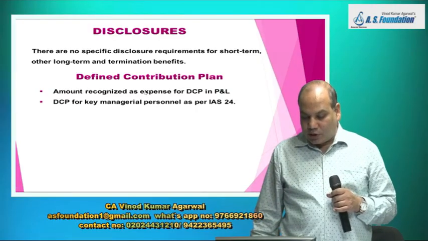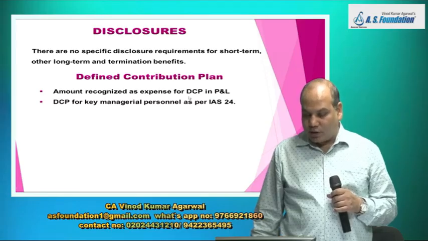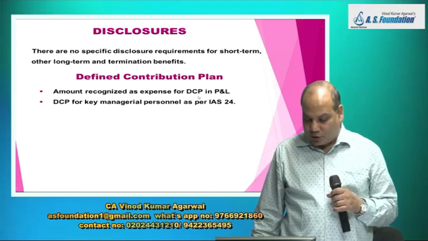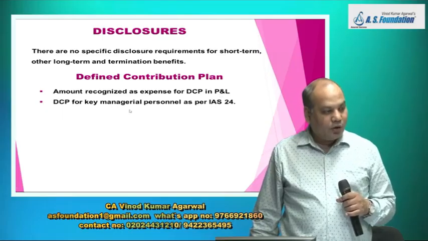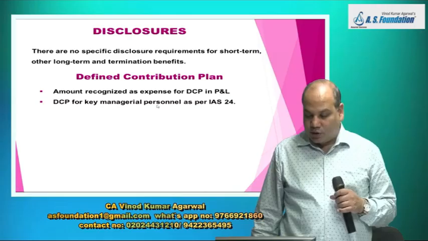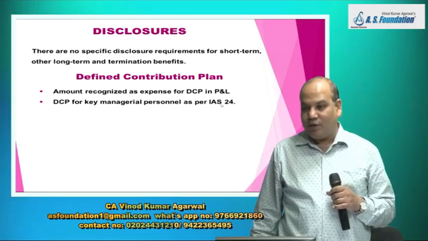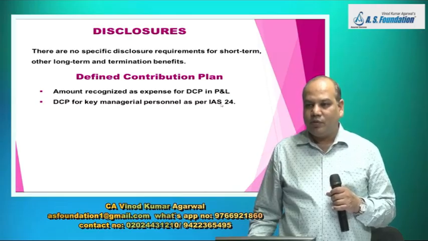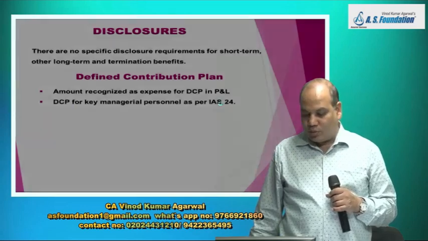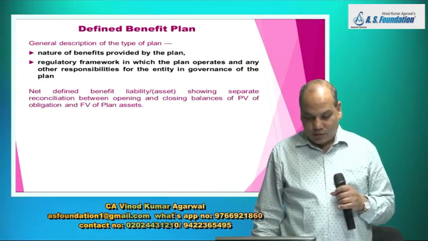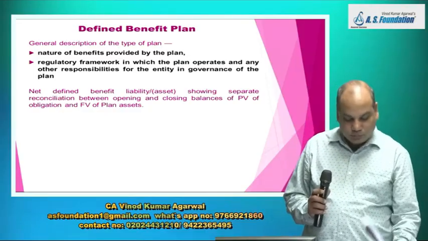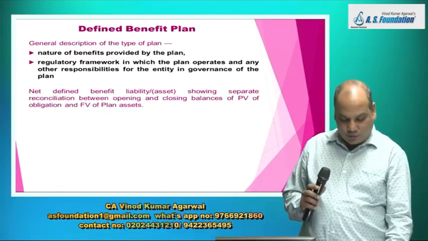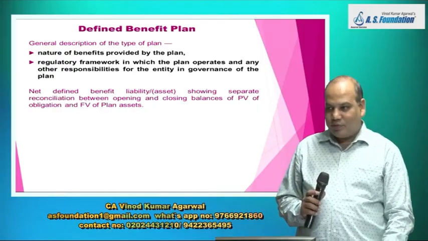For defined contribution plan, you have to disclose separately the amount recognized as expense for defined contribution plan in the P&L account. Then defined contribution plan for key managerial personnel as per IAS 24. What is IAS 24? Oh, related party. That's good. And then for defined benefit plan, there is a long list of requirements. I will just read some of them.